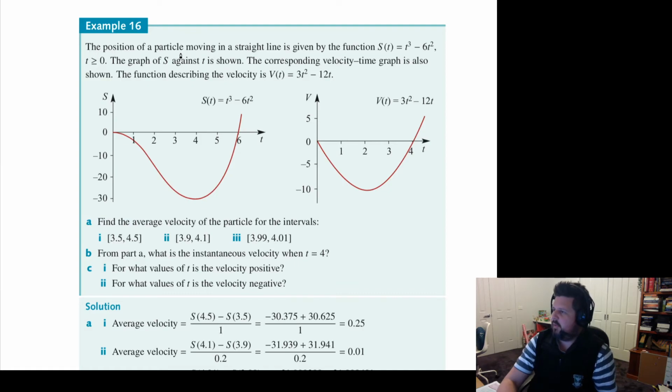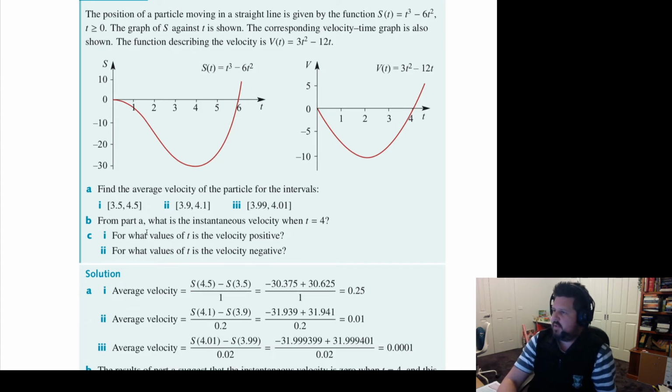It says the position of a particle moving in a straight line is given by the function t cubed take away 6t squared, for values of time greater than or equal to 0. Also, they've got the corresponding velocity time graph shown, which is great, and the function describing the velocity is 3t squared take away 12t. Perfect.